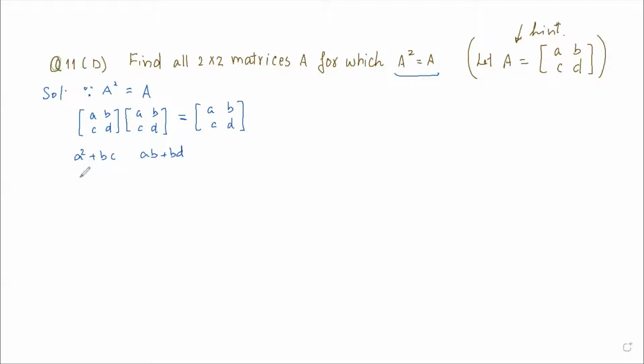Now write the matrix pattern. Second row, first column, CA or AC, becomes AC plus DC. And second row, second column becomes BC plus D squared, equal to this one, [A, B; C, D].